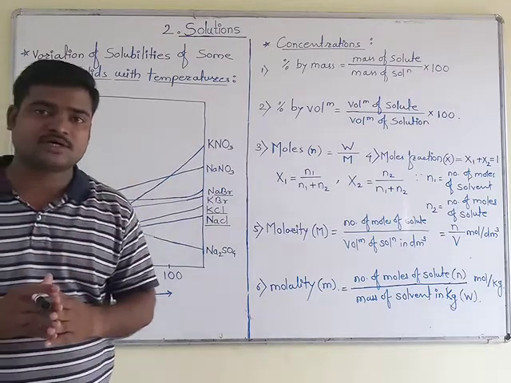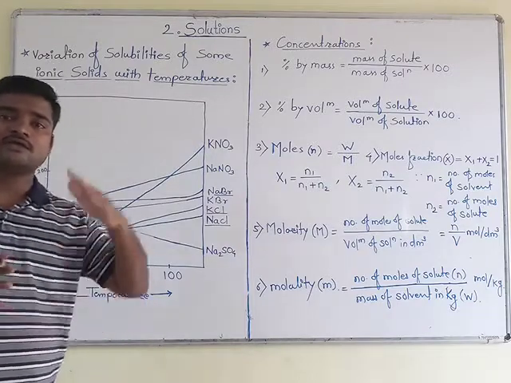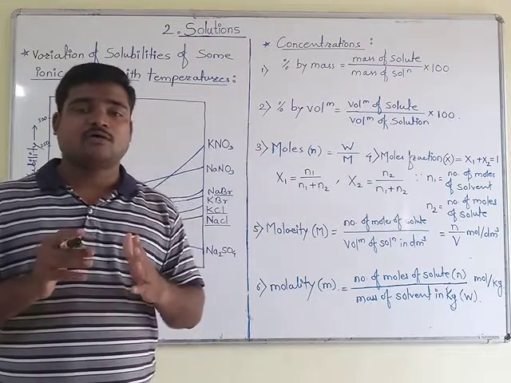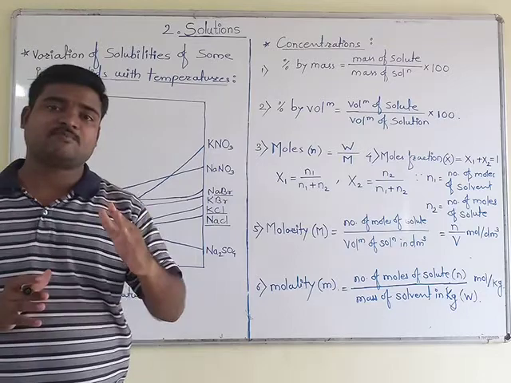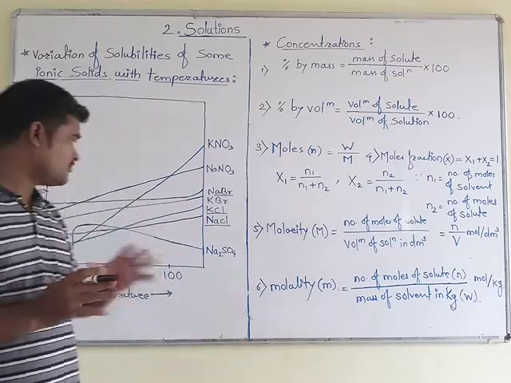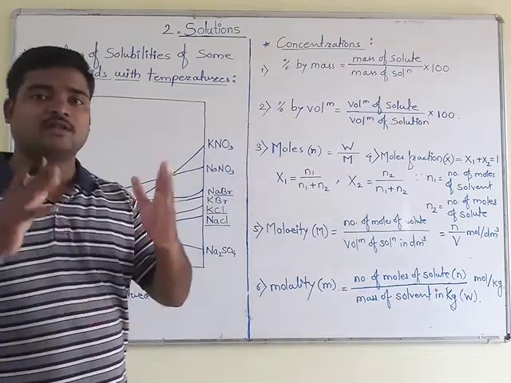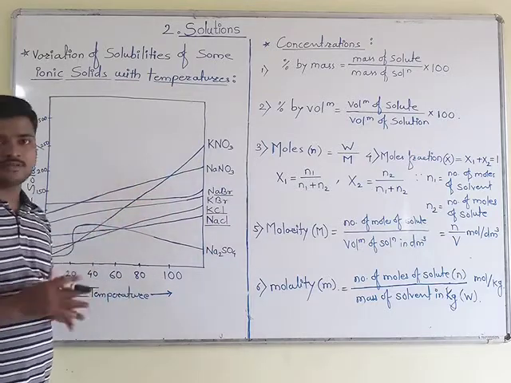According to the temperature, solubility varies. This point we already studied in our last video lecture, how temperature affects solubility. But here, for ionic solids, their nature will be different. That we are going to study with the help of this graph.